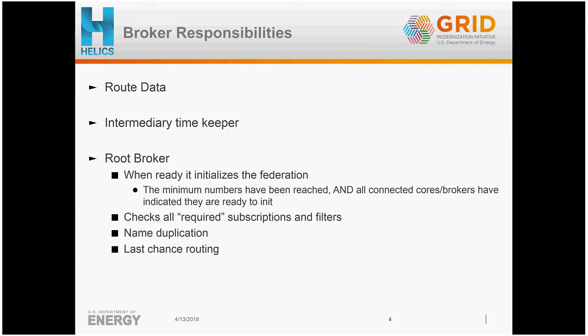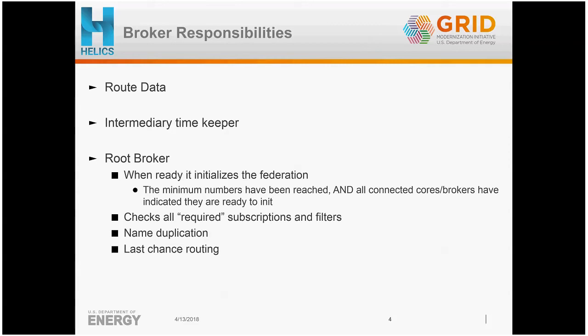More can join, but at least that minimum number must be reached. And the other condition is that all the connected cores and brokers have indicated they are ready to initialize. So if a federate has not called the enter initialization mode function, the root broker cannot grant the initialization.